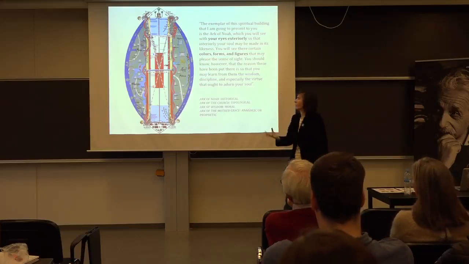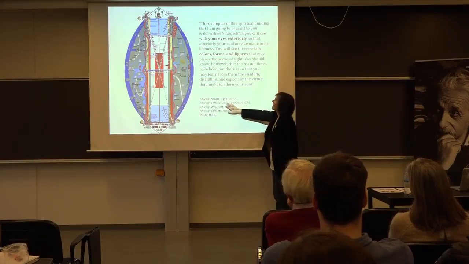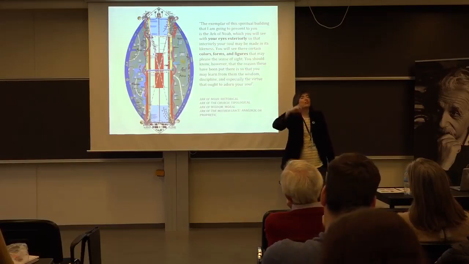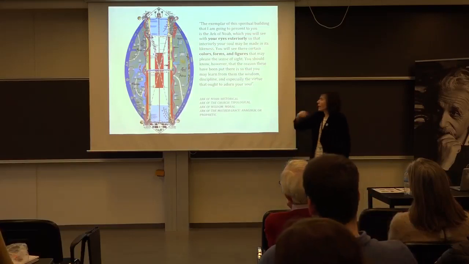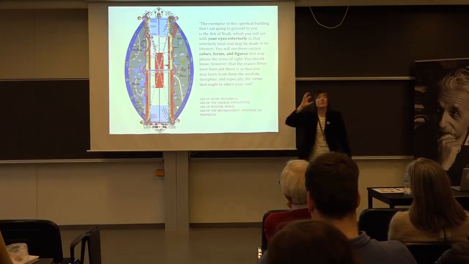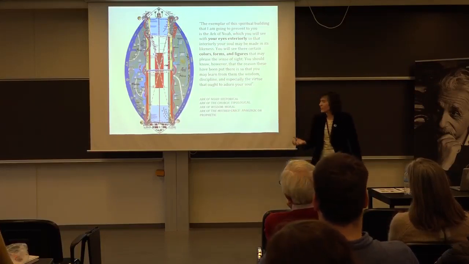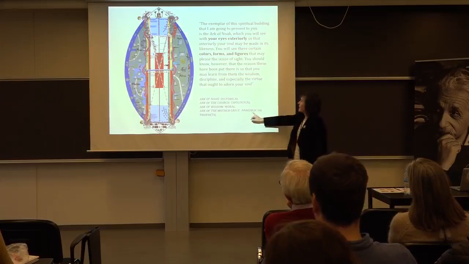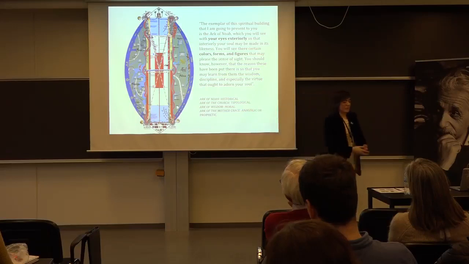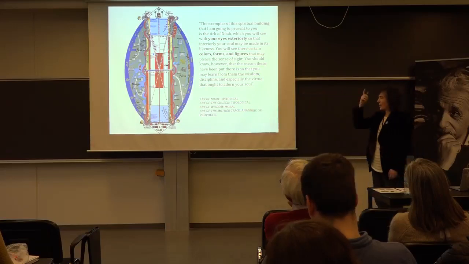We can try to analyze it in detail. It can also be analyzed in a typological way, so as a symbol of the church. It can also be understood in a moral way as a repository of all sorts of virtues. And it can be used in an anagogic way as a prefiguration of the heavenly Jerusalem.